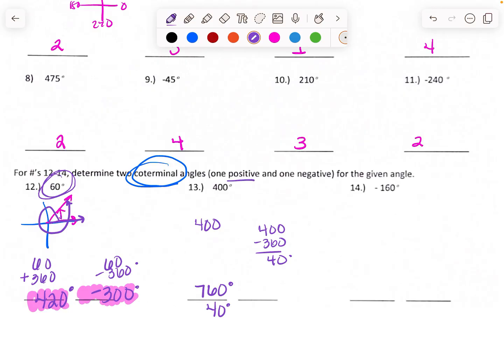But I'm looking for one positive, one negative angle. So I do another subtraction of 360. Okay, so this one's at 200. And then the negative one would be negative 320.